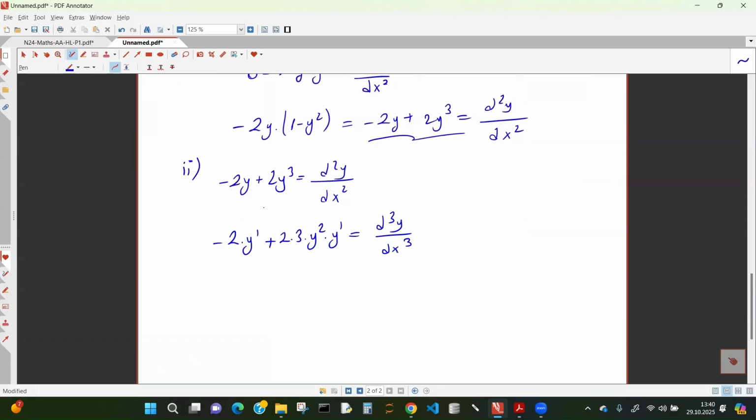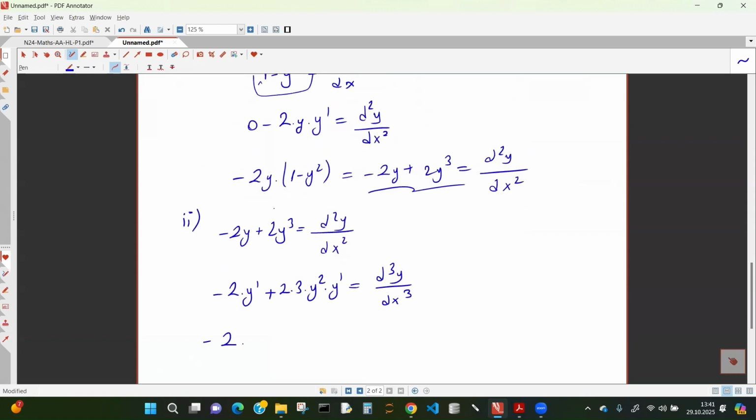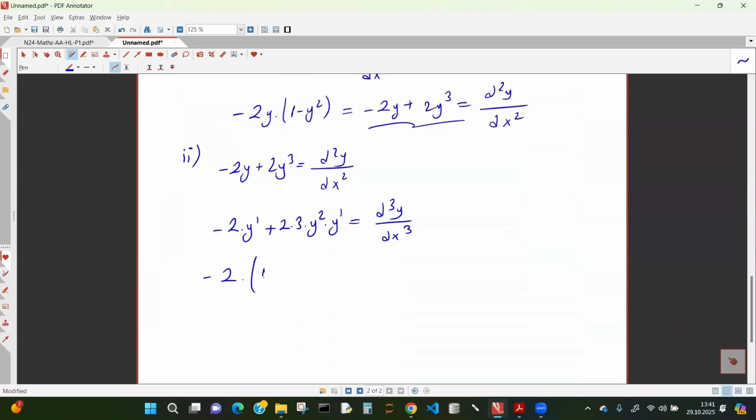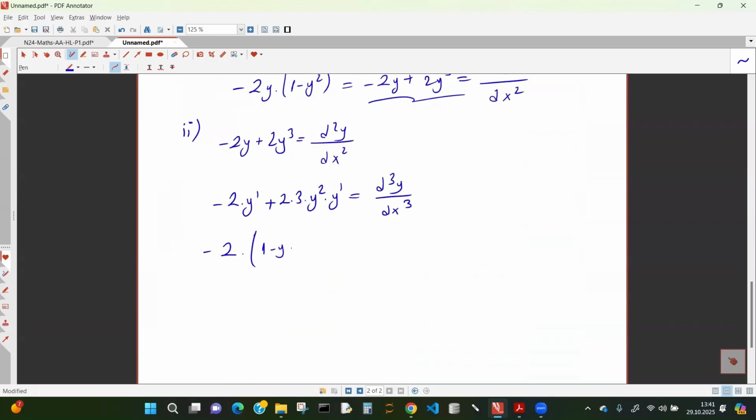So we again substitute the expression of the derivative of y, which we found here, 1 minus y squared, plus 6 times y squared times 1 minus y squared. Let's simplify this expression.